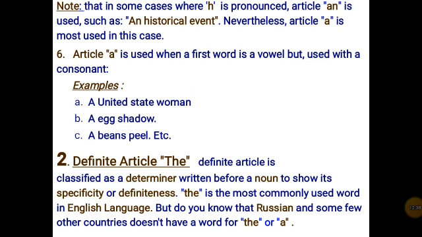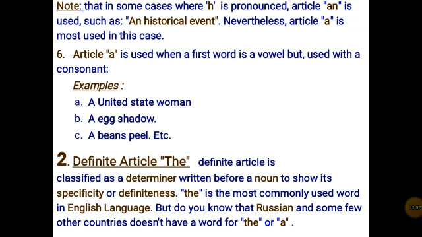The word exception means that when a particular rule works for, let's say, nine numbers, the last number, which is the 10th, the rule might not work for it. So that means the 10th one is an exception to that rule.